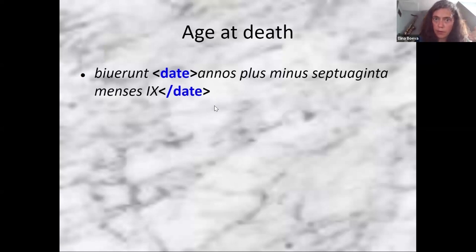We will speak about the authority lists and how useful they are tomorrow, I think. For now, just take my word that the better way is to have this information elsewhere, not in the inscription itself.